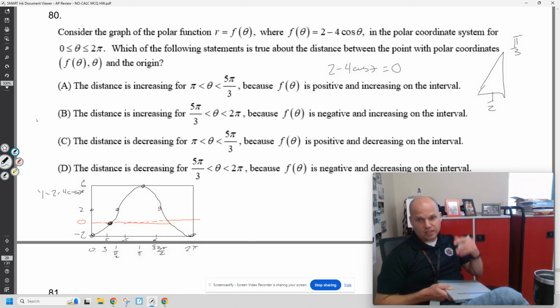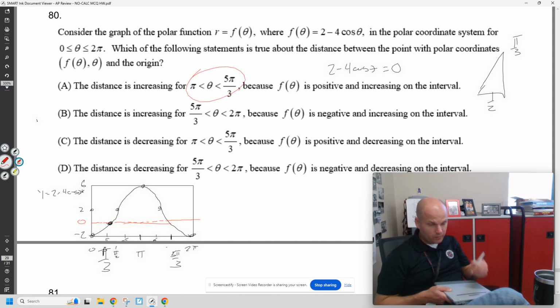So cosine's positive in the first and the fourth quadrant, so we want pi over 3, that one, and then we want 5 pi over 3, this one. Boom. This would help us potentially sketch the curve if we wanted to. We don't want to. Rather, we are going to be looking at pi to 5 pi over 3.